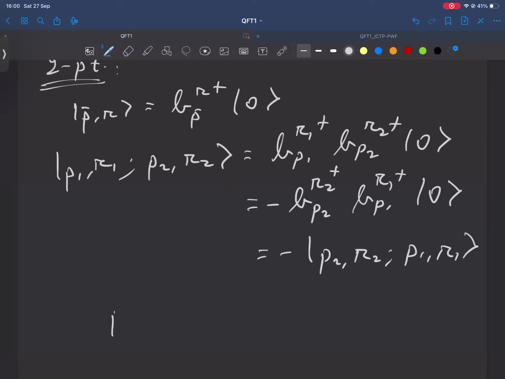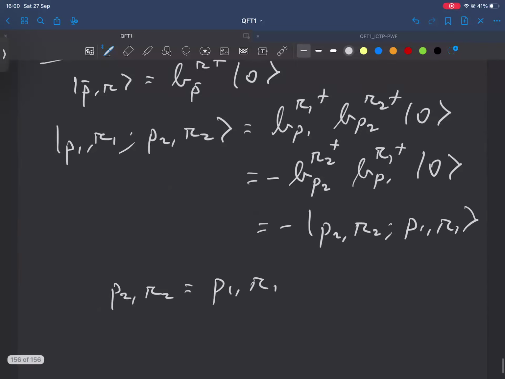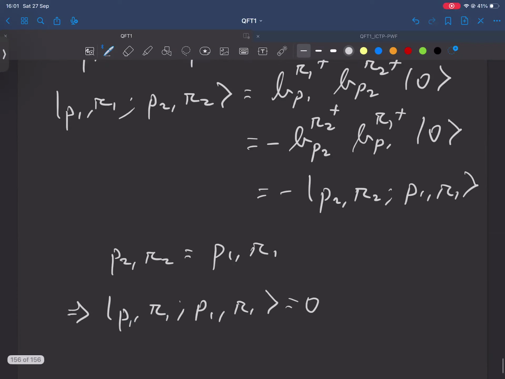You see that if you put p2 r2 equal to p1 r1, or in other words, two particles having the same momenta and the same spin, that immediately implies that the state |p1 r1, p1 r1> is just 0. Okay. So this is the statement that you cannot have two fermions having the same quantum numbers. But for bosons, or spin 0 at least that we have seen, you can do this. And this is the famous Pauli's exclusion principle.